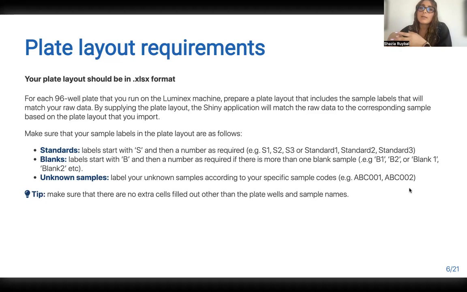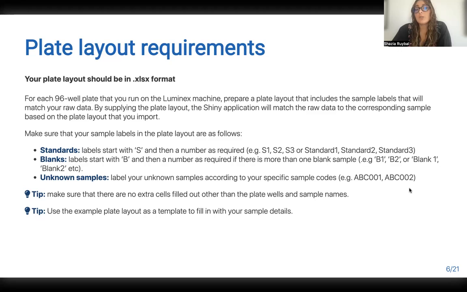But then you need to create a separate file for the Shiny app, which is just your plate layout, because if not, it won't work. My suggestion would be to just use the example plate layout as a template and fill in your sample details each time, because that one is prepared as it should be.